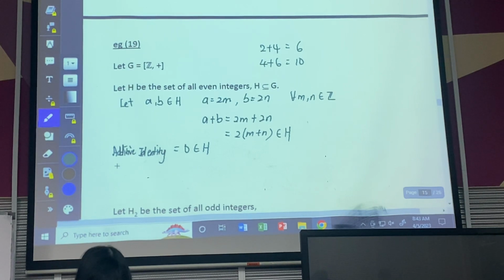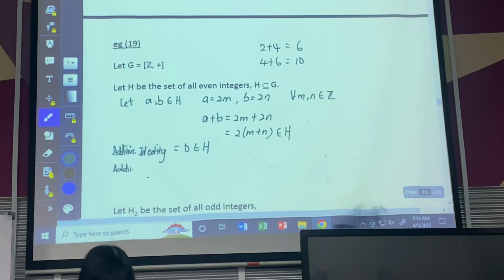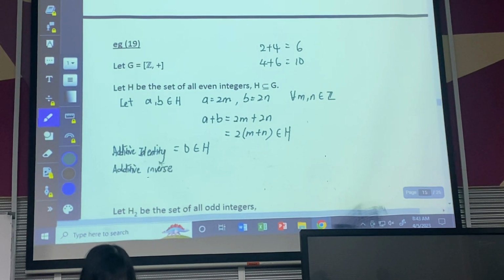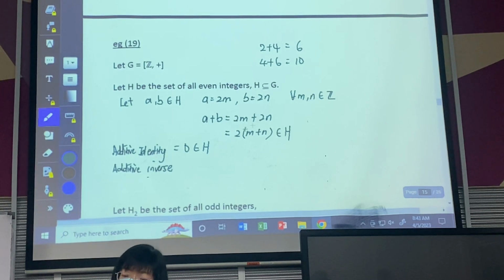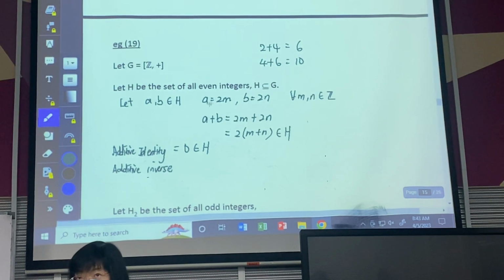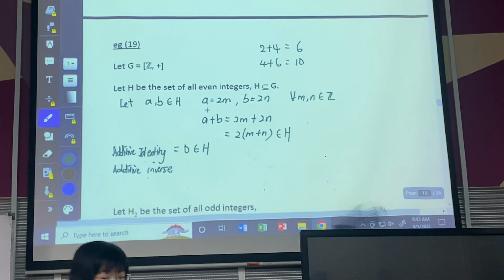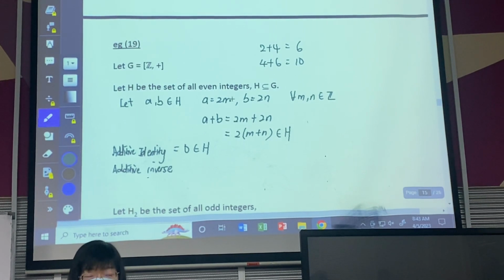What is the inverse? Let's say I find the inverse for 2m, because just now I already defined my A as 2m. So now I want to find what is the inverse for 2m.